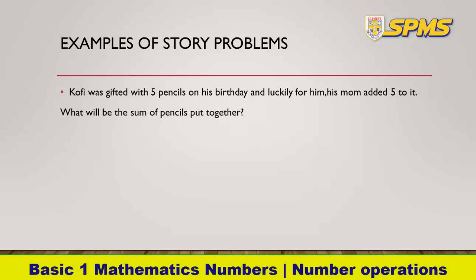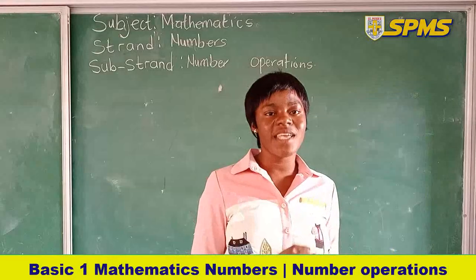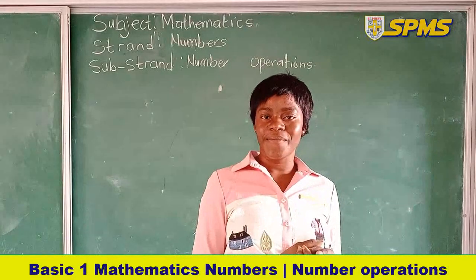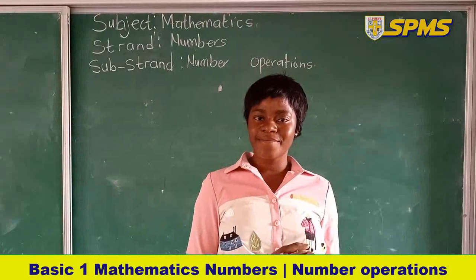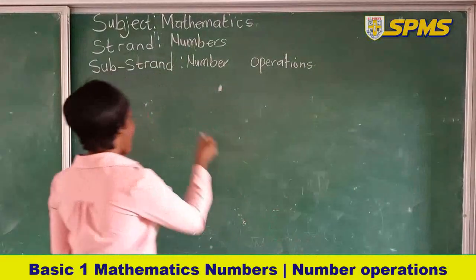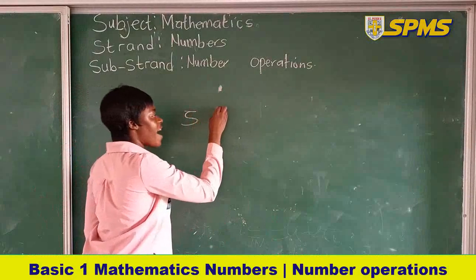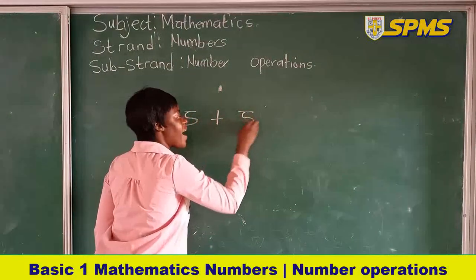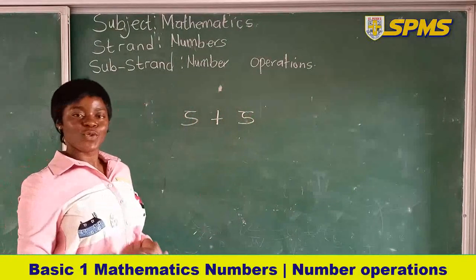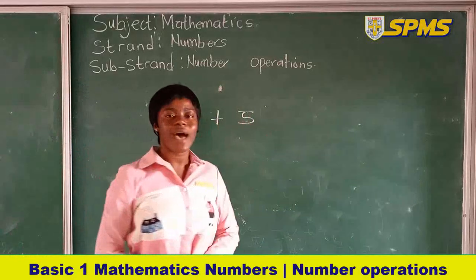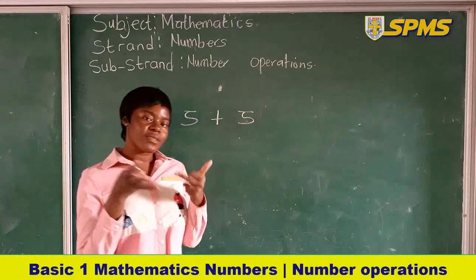So in our story problem, we are going to look at the addends and the sum. You remember the definition for addends and sum. So what are the addends in our story? Good. 5 and 5. So 5 plus 5. We are going to put this together to give us our sum.